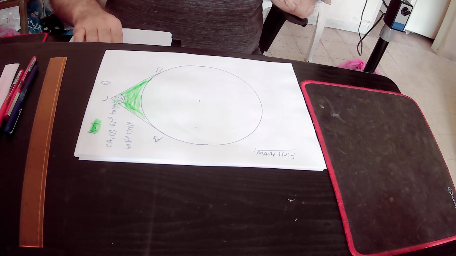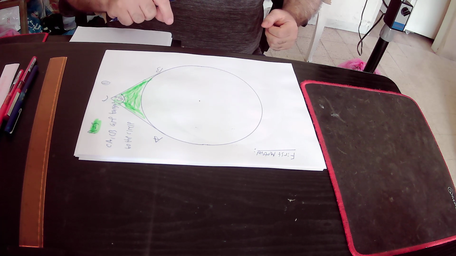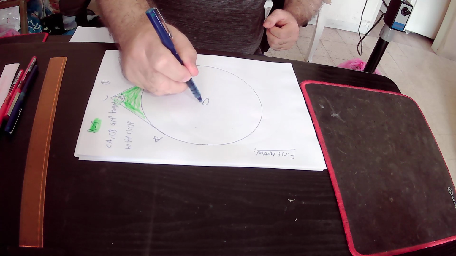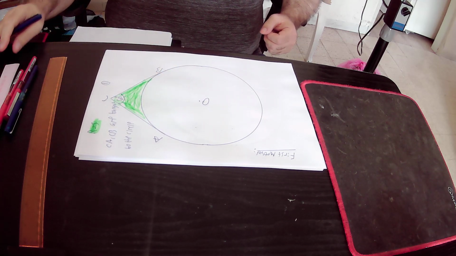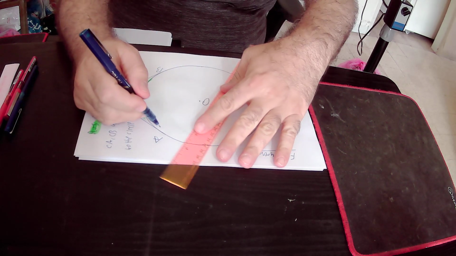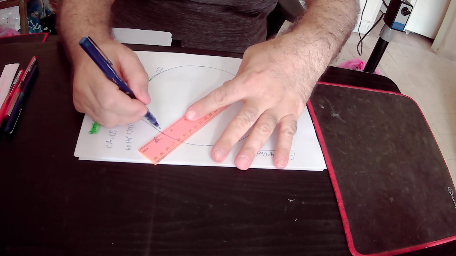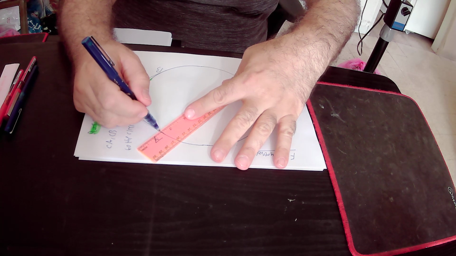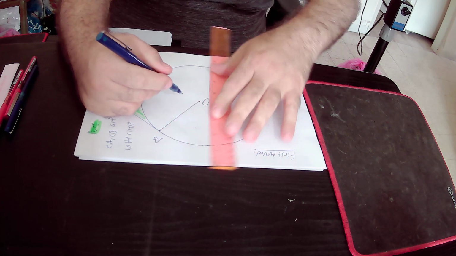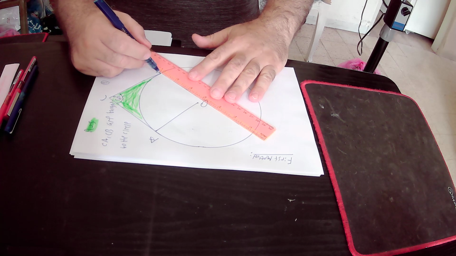and first of all we will define the center of the circle as point O. Then we will join points A and O by a straight line, and we will join points B and O by a straight line.